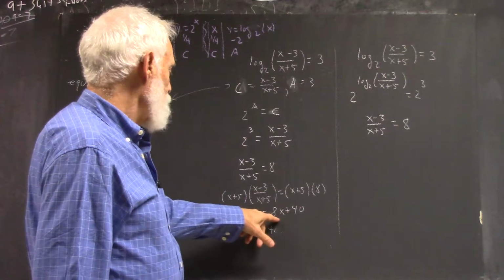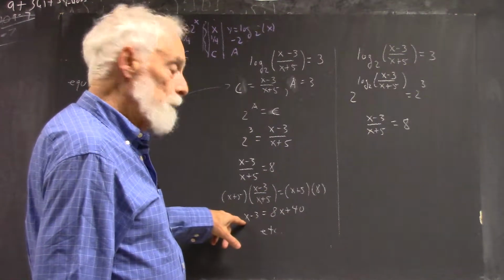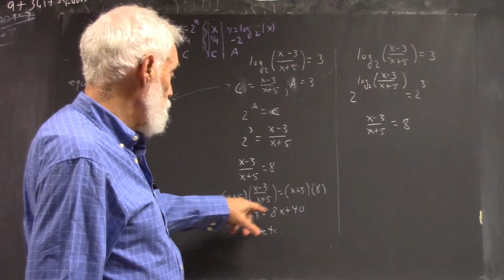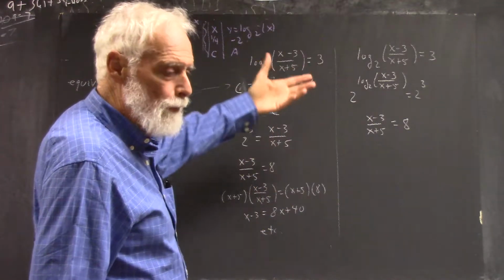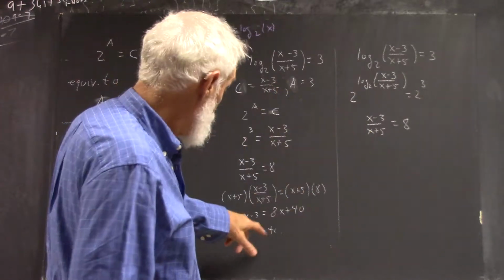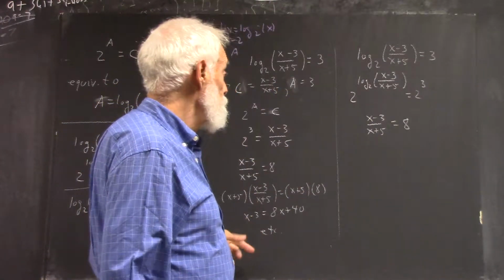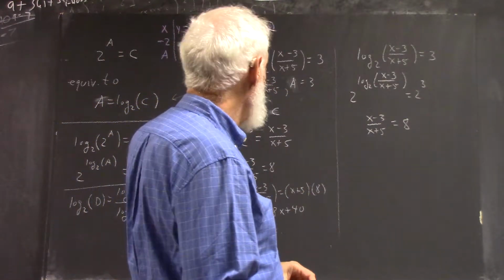We're going to add a negative 8x to both sides. We'll get 7x minus 3 equals 40. So that 7x then will equal 43, and x will be 43 sevenths, 6 and a seventh. Very easy to solve from this point.